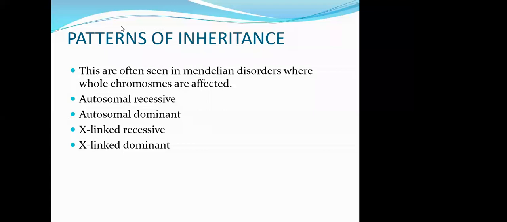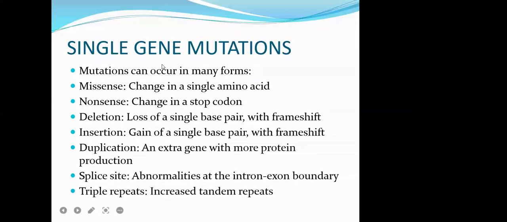Okay. Another student is asking if you could kindly repeat on triple repeats. The triple repeats are mutations. You see at the end of the chromosomes, the triple repeats are usually found at the end of these chromosomes. There are base pairs that are supposed to just signal the end. And remember, every time there's replication, there's shortening of that chromosome.